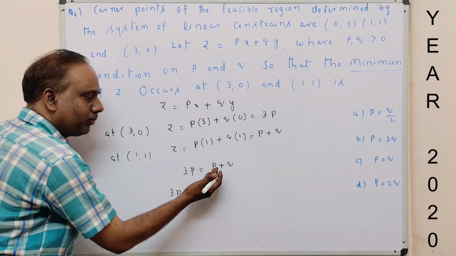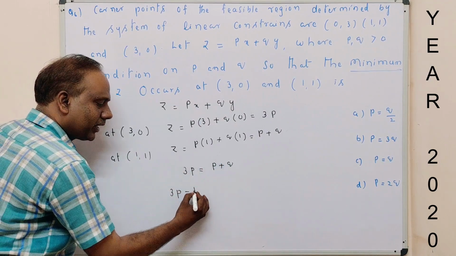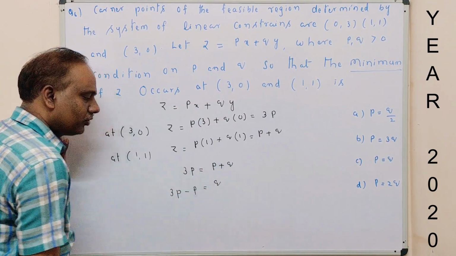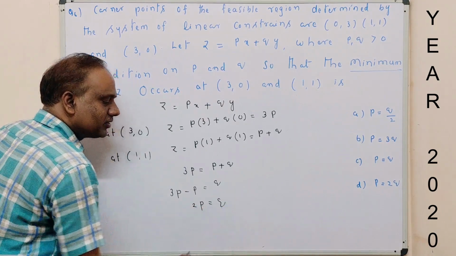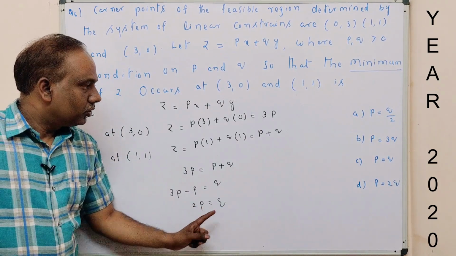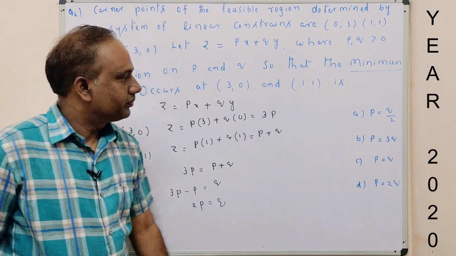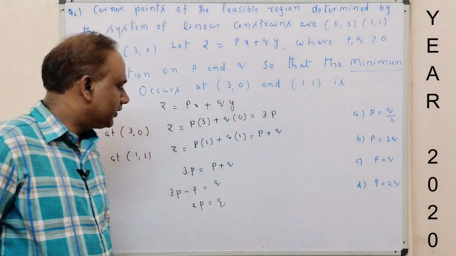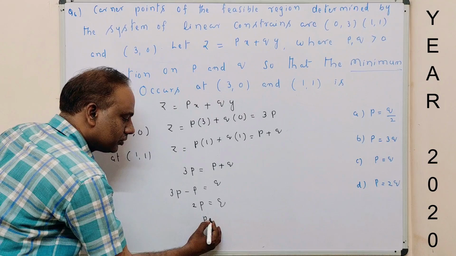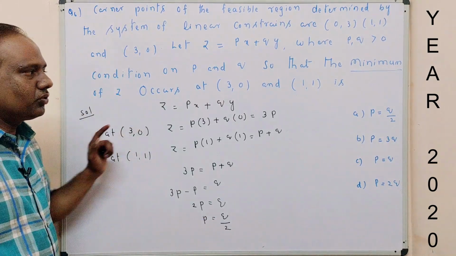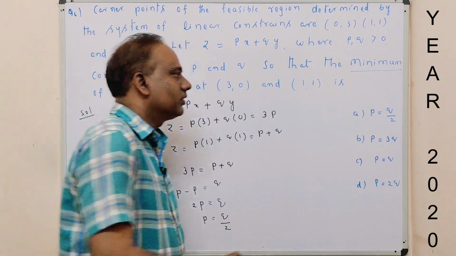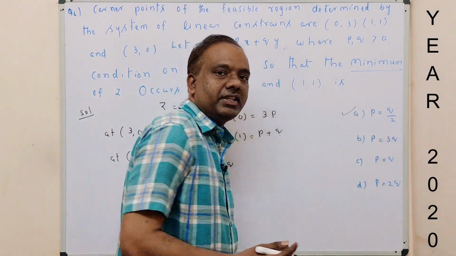So 3p minus p is 2p is equal to q. So 2p is equal to q. 2p is equal to q means p is equal to q by 2. So here option A is the correct answer.